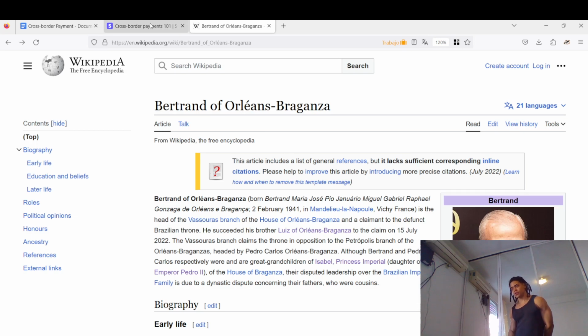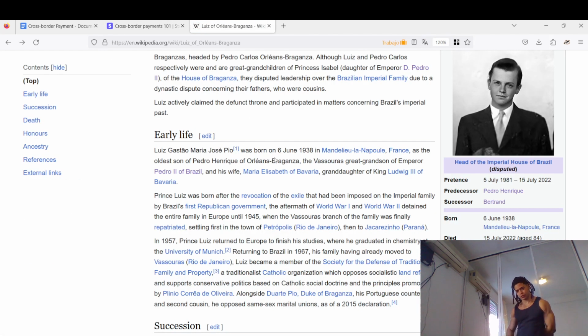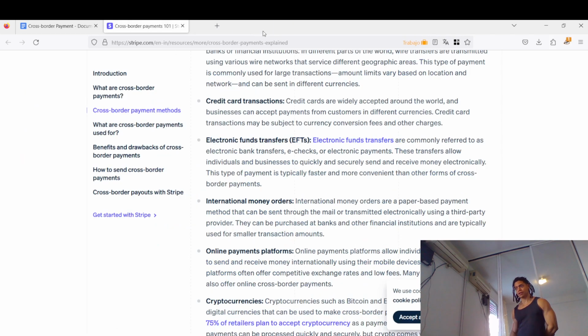So Pedro II of Brazil was the second and last monarch of the Brazilian Empire.